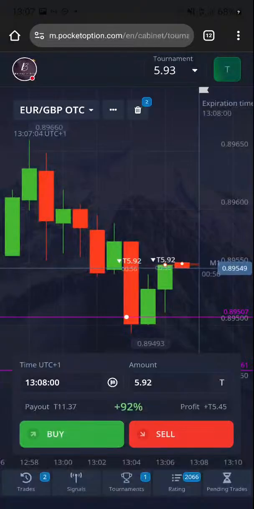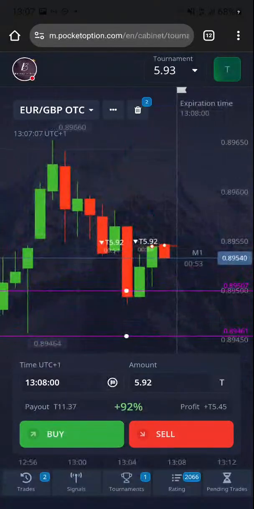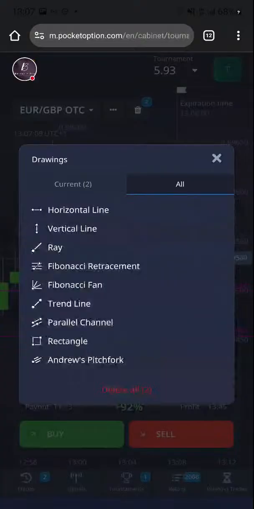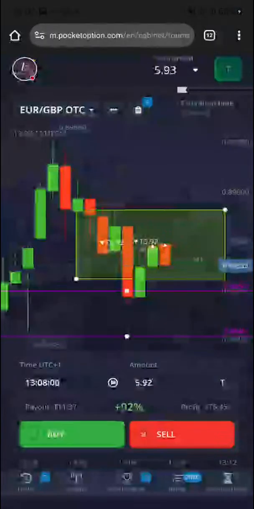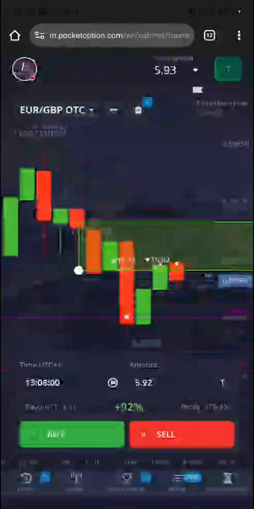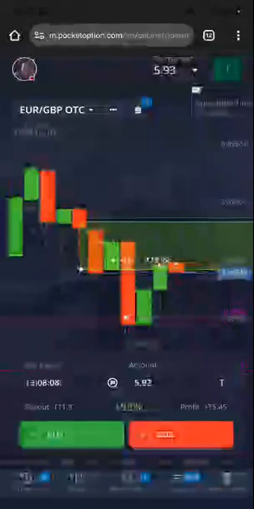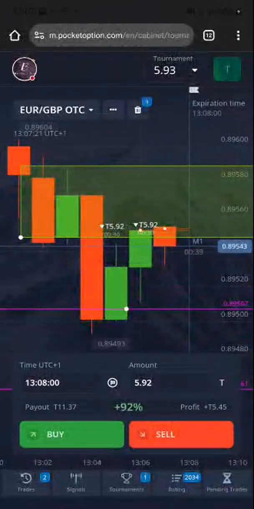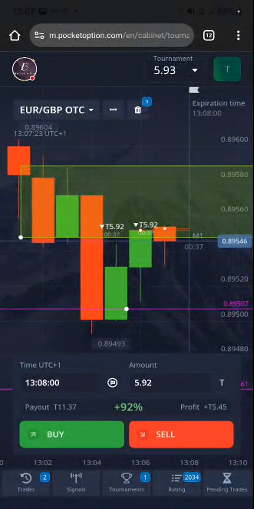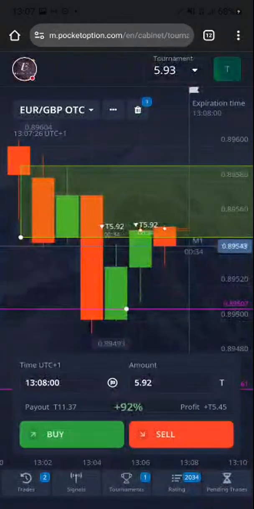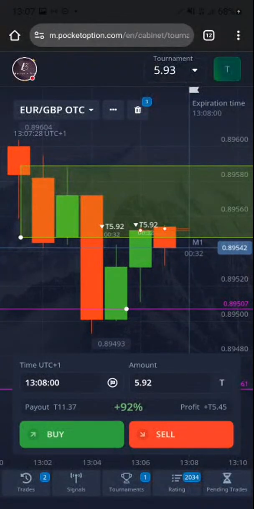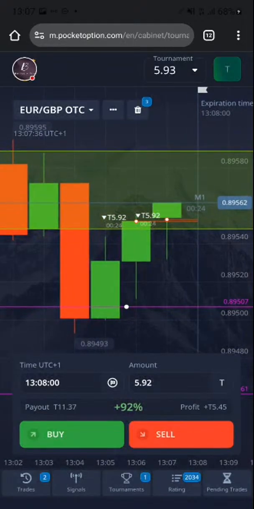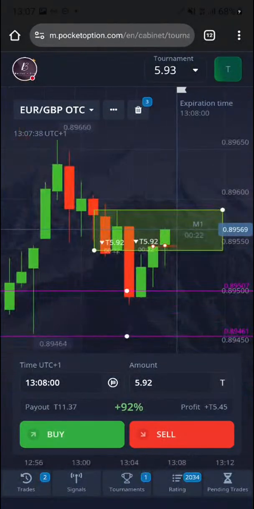Let's take one more. I'm expecting a red candle here. Let me quickly explain why I took this. This is a supply. It's not a very strong supply, I'm not gonna lie. You understand? But we have this pattern. When we have an engulfing pattern like this, and you have two opposite candles that did not break the engulf, there's every high chance, mark my words carefully, that you would have that opposite candle.